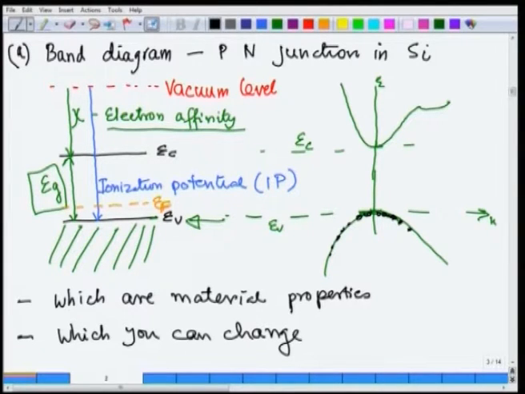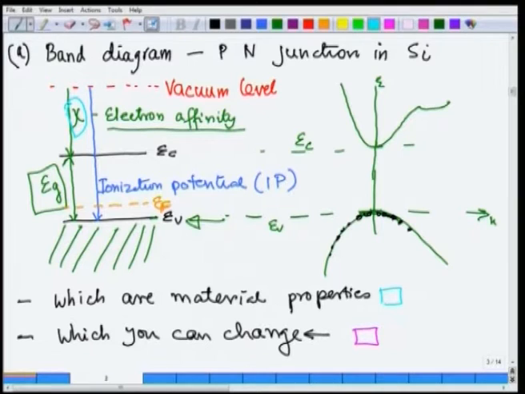On the other hand, there are some properties, some of these values I am showing you, which you will be able to change. So, which are those? Let's mark them in, let's say, two different colors. Let's use this color box for these quantities and this color box for this kind of quantities. You see, electron affinity is a material property.